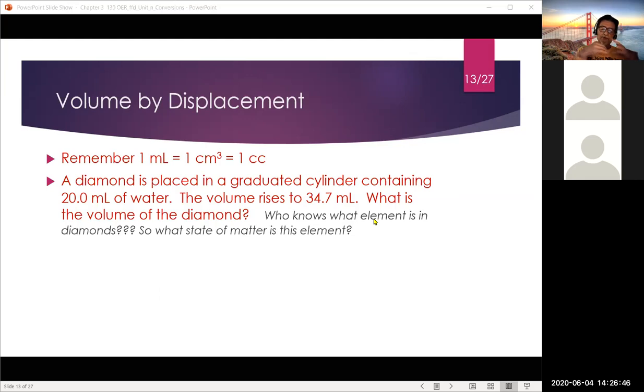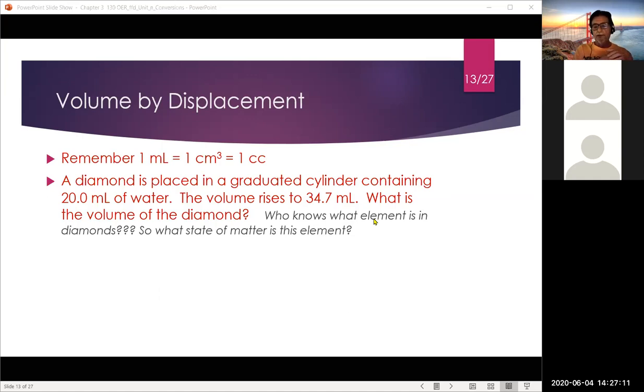As you totally immerse yourself into the hot tub, does the volume go up? Yes, it does, right? Just hot tub or bathtub. The volume goes up because your volume displaces an X amount of volume in that liquid.